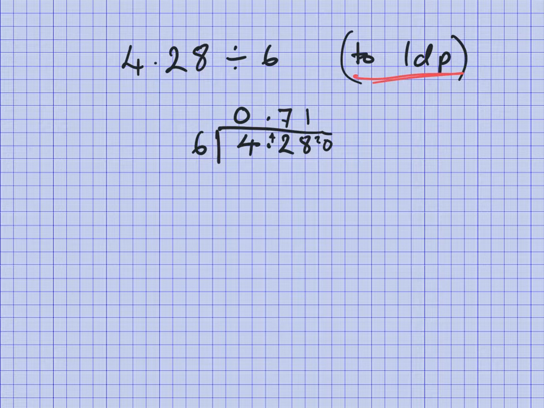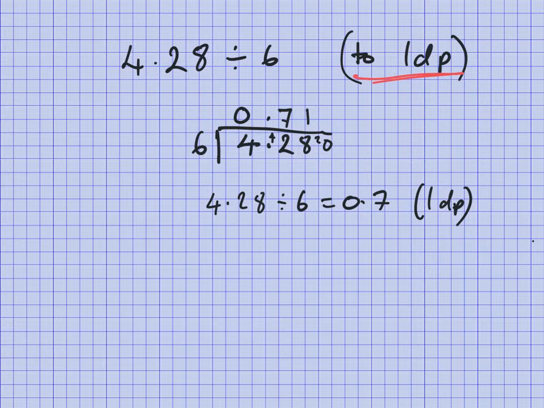So I can now see that this would round to 0.7 to one decimal place. So I can just write 4.28 divided by 6 equals 0.7 to one decimal place. I've done one extra decimal place than I need in order to get the solution.